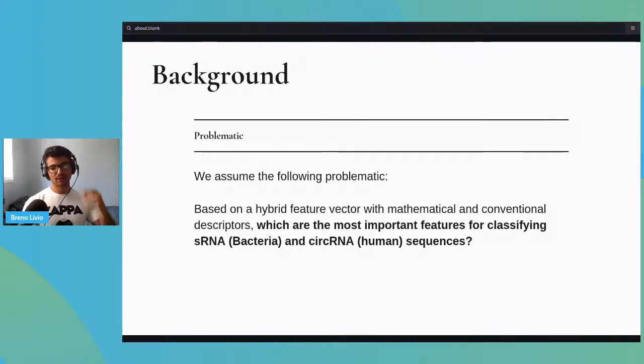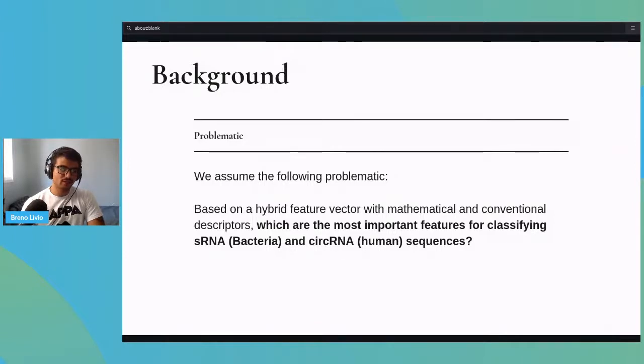To generate this hybrid vector, we use the MathFeature package with feature selection techniques and dimensionality reduction in our two case studies. The first one is the prediction of sRNA in bacteria, and the second case study is the prediction of circular RNA in humans.